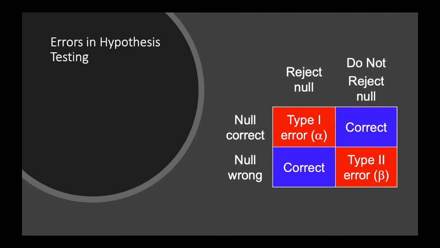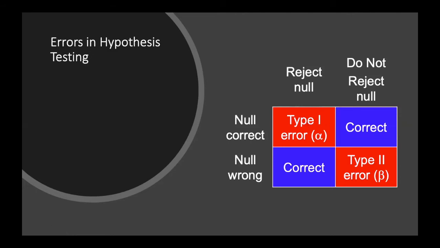And we're going to make this mistake in statistics with some frequency alpha, that is our significance level that we set typically at 0.05. So we're comfortable then saying that 5% of the time, we're going to make one of these type 1 errors where we reject the null hypothesis when it is in fact true.